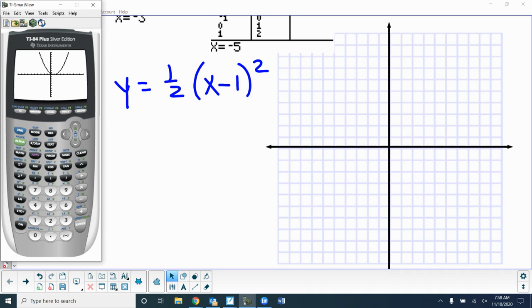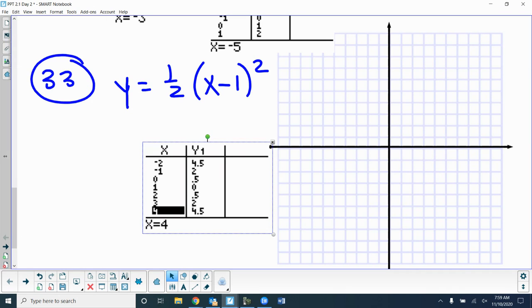Looks like that. Again, get some points. Put in the right spot. Make it look symmetrical here. There, that looks symmetrical. So I take this and then plot them. So negative 2, 4.5. 1, 2, 3, 4.5.